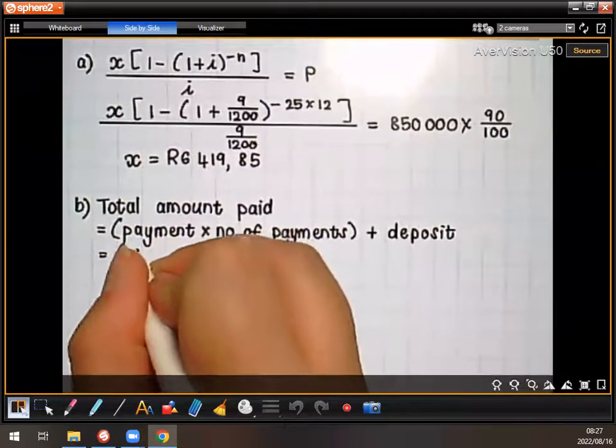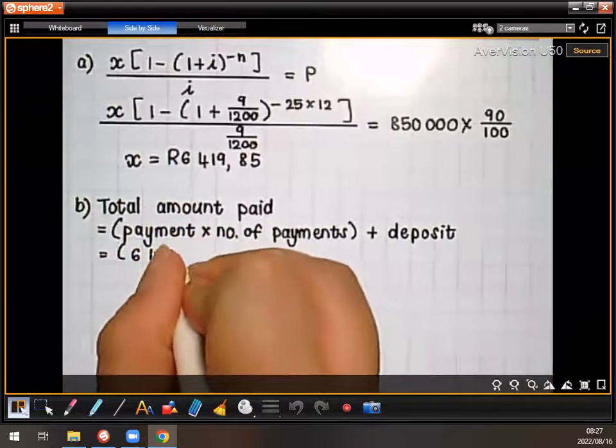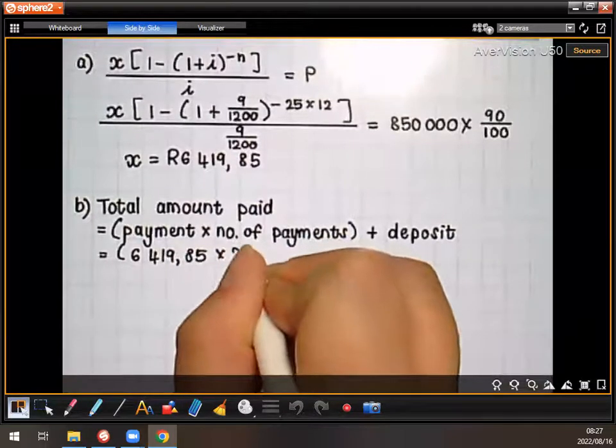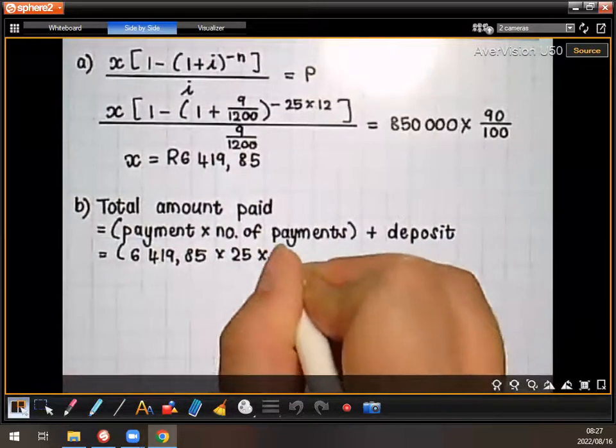Our payment was 6419.85, and it was over 25 years. You paid that every month.